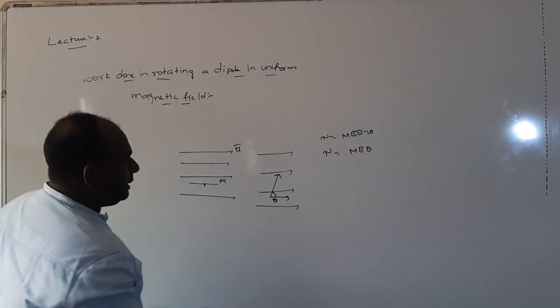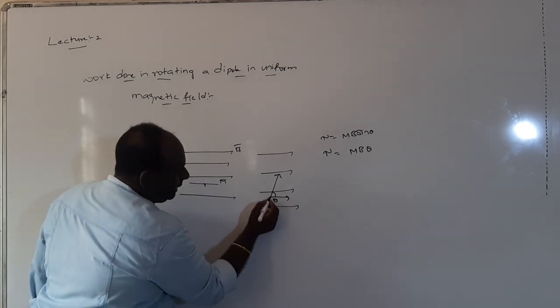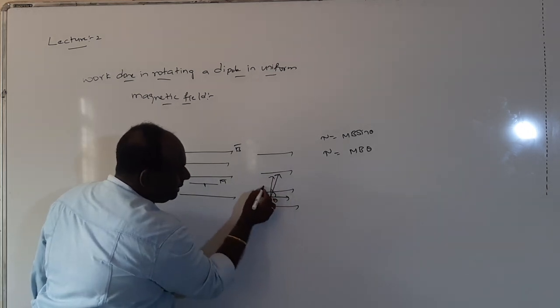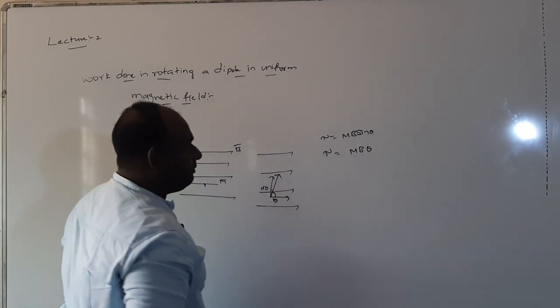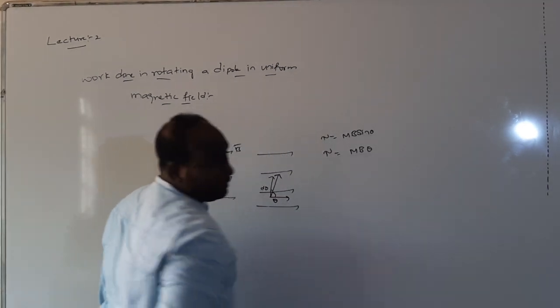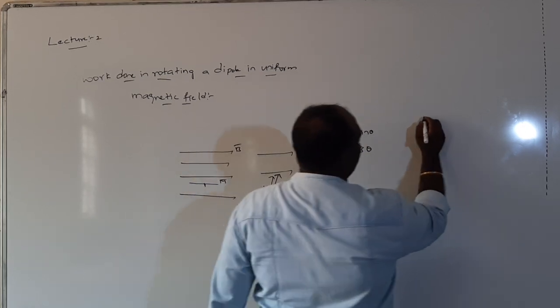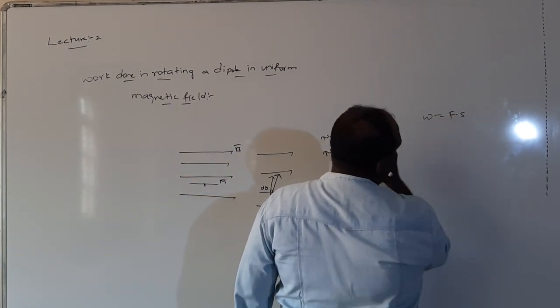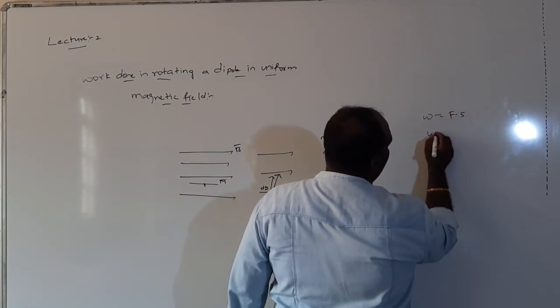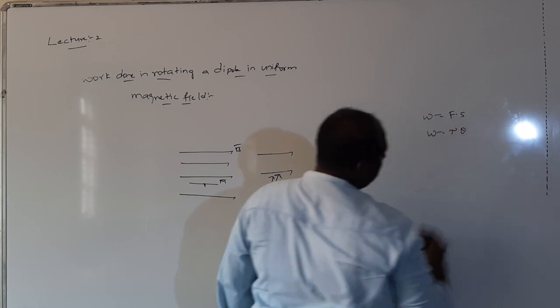Now I want to further rotate this needle through an angle d theta. What is the work done? In linear motion work done is force into displacement, whereas in rotational dynamics work done is equal to torque into angular displacement.